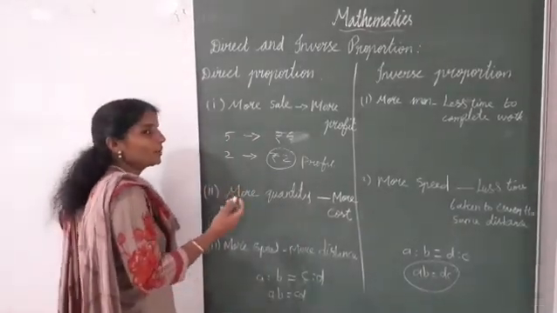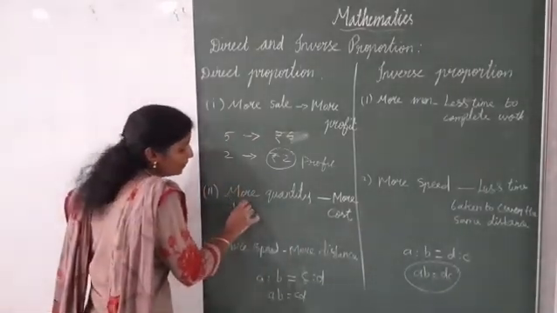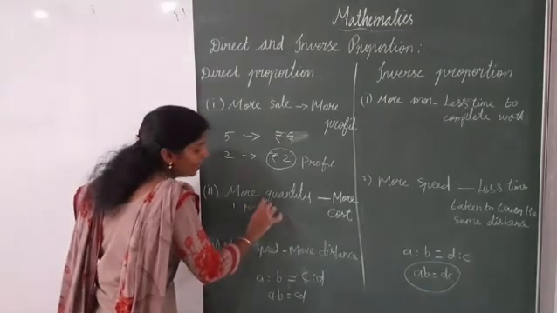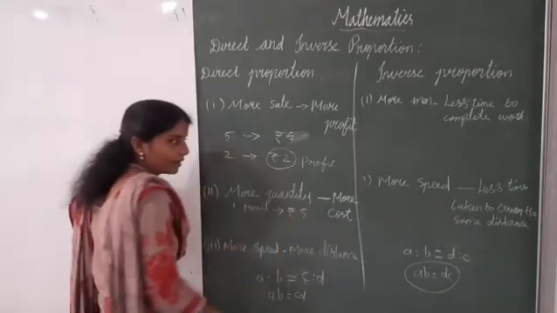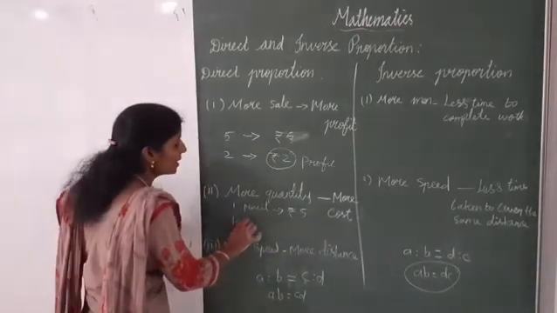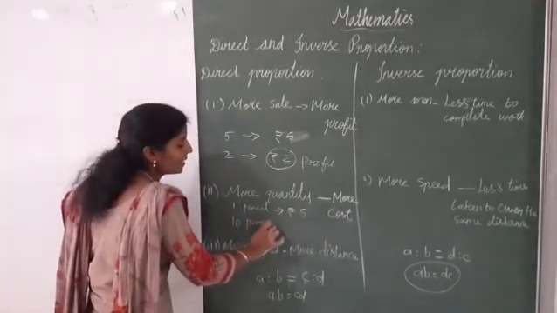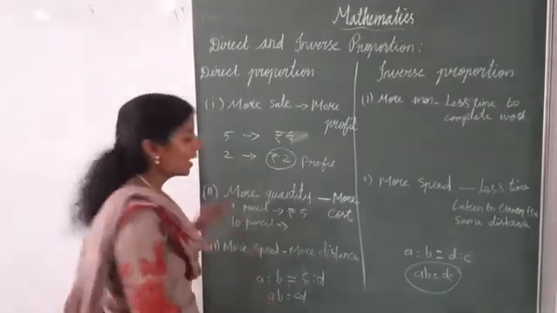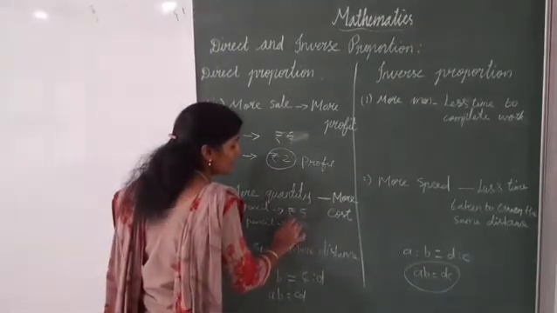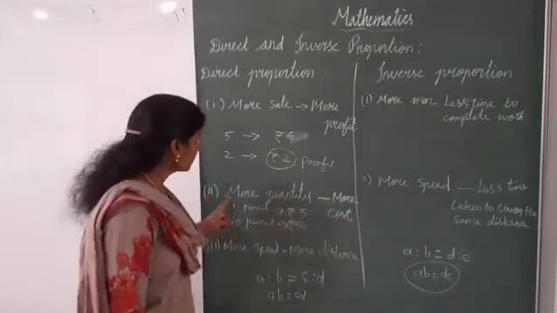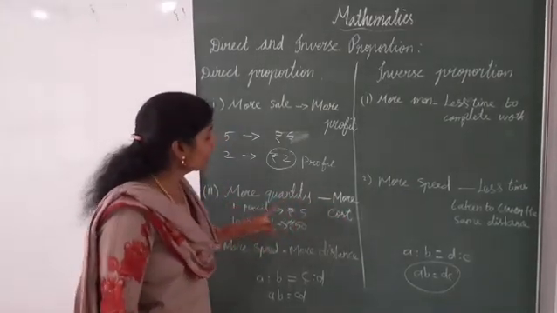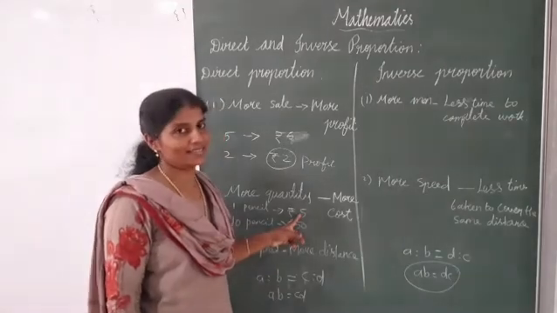Okay, more quantity, more cost. If you buy 1 pencil, that is rupees 5. If you buy 10 pencils, 1 pencil 5 rupees, 10 pencils 50 rupees. More quantity, more cost. Here less quantity, cost also less.